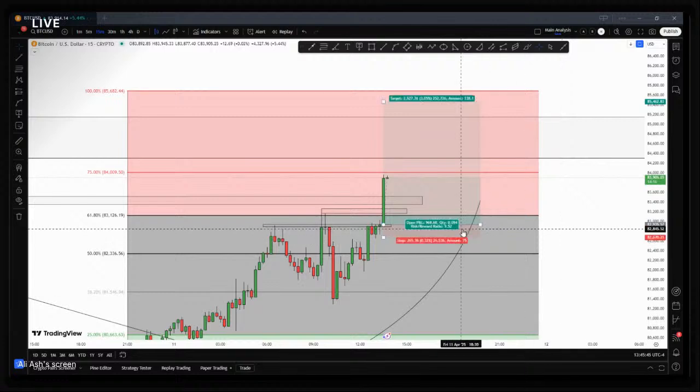Almost at this resistance zone. Let's see what happens.